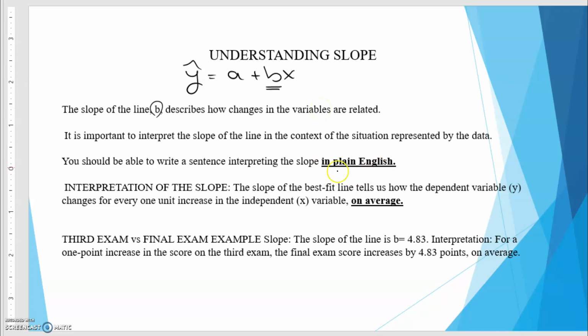So how are we going to put this equation back into English? Well, this is the interpretation. The slope of the best fit line tells us how the dependent variable y changes for every 1 unit increase in the independent x variable on average.